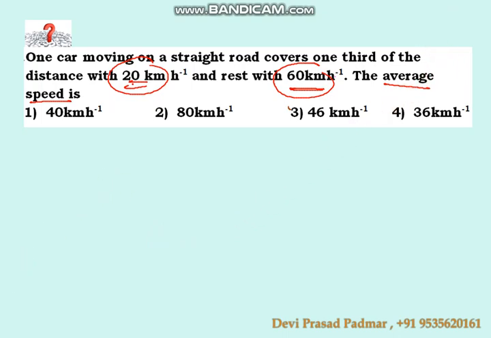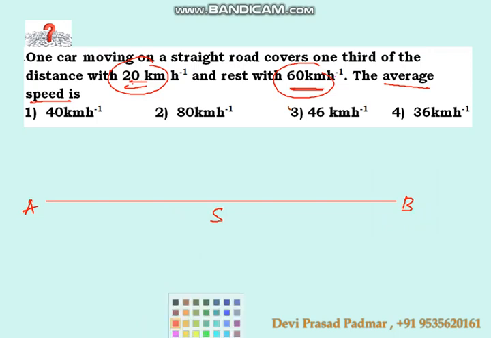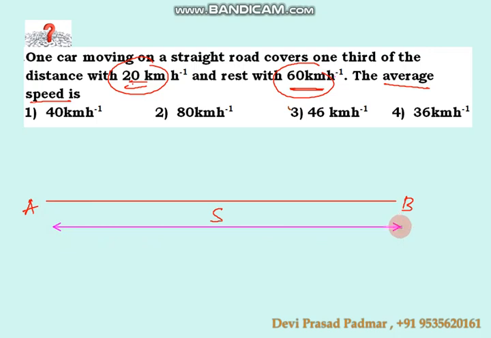To calculate this, let us consider the total distance. Let it be A to B, and I will consider this as S. Now the total distance from A to B is S. Now 1/3 of that distance is covered with a certain speed.